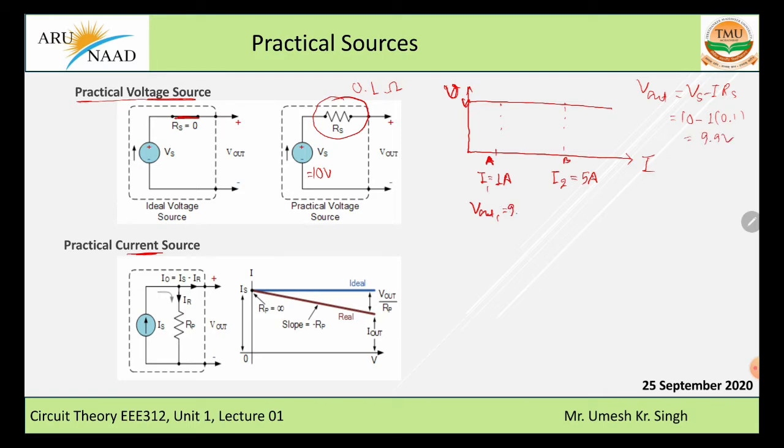So V output here is 9.9 volt. Again, second point, V output at B. At A it is 9.9; at B it will be 10 minus 5 into 0.1, so it is 9.5 volt. And if we consider the origin, at this point current is 0, so V out is 10 volt.